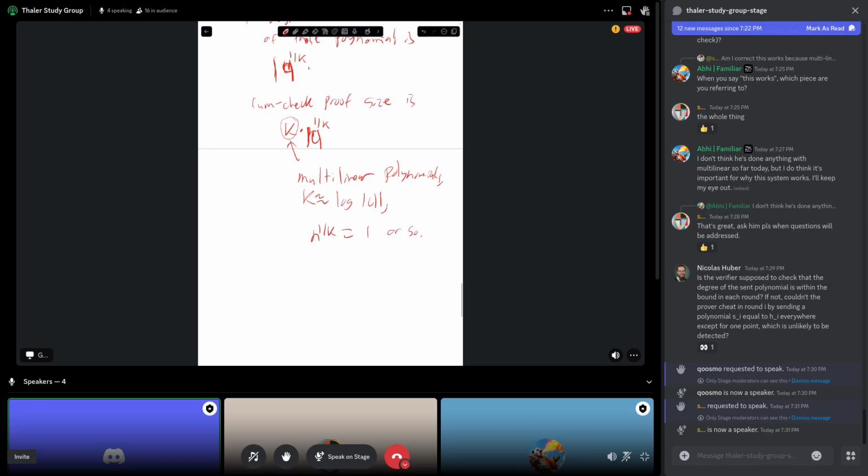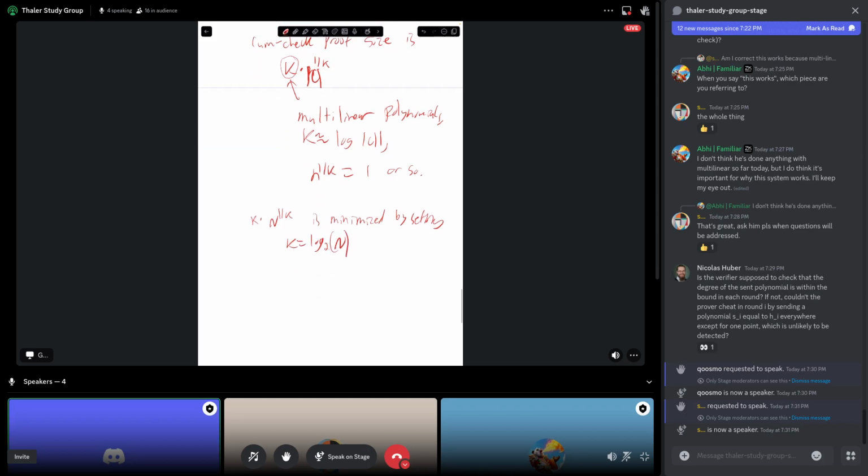And k times n to the 1 over k is minimized by setting k to be log base 2 of n. That's when k times n to the 1 over k becomes about log n.